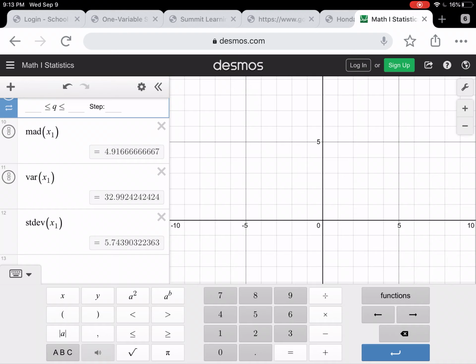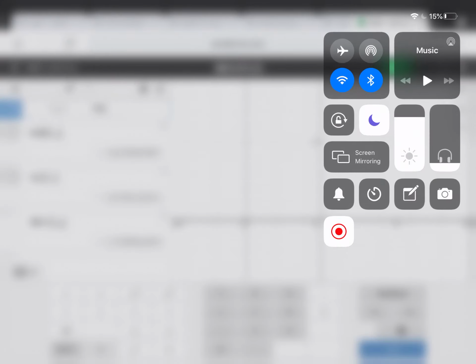All I know is that on average, our numbers are about 5.7 off of the average value. Now, if we compare to another data set that had a standard deviation of like 3, then we would say that this set has a wider spread. The numbers are not as close to being in the middle. They're not as tightly grouped. So those are some generalizations that you can make. Now, that should be about it. If any questions come up on this statistics section, please let me know.